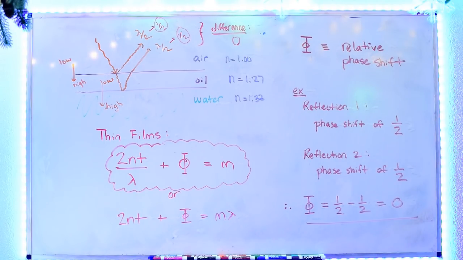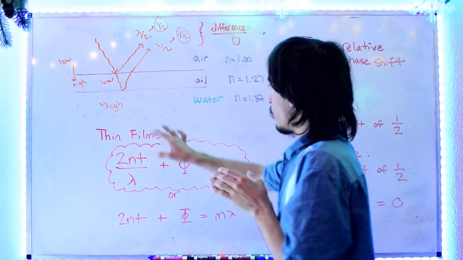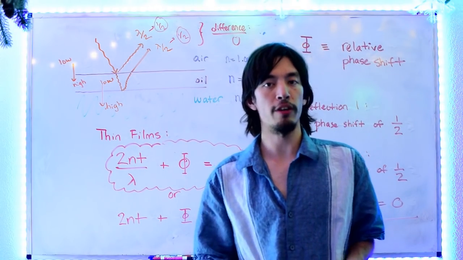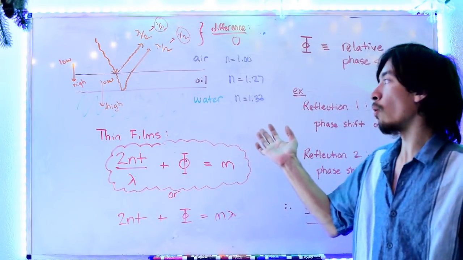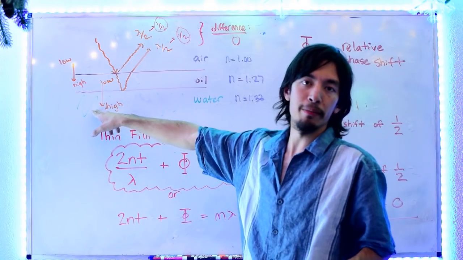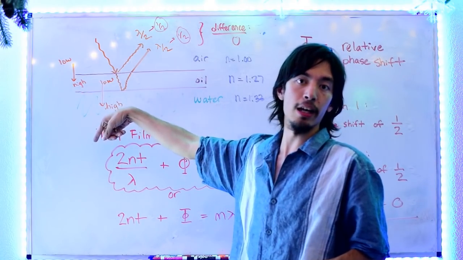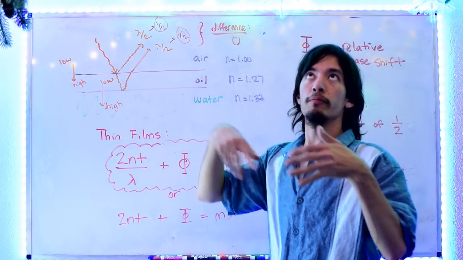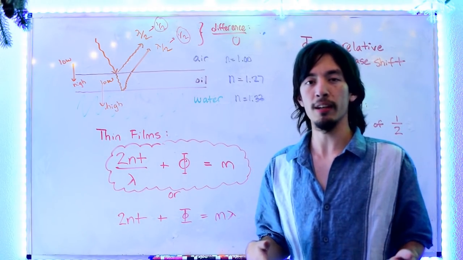You're saying if it was from high to low, would the phase shift be a half? So the relative phase shift would be 1/2. So if you had, let's say we use oil being index of refraction of 1.6, which is higher than water. So let's say hypothetically, instead of going from low to high in the bottom part of this, you go from high to low. In that case, you would get, so pay attention to the wording of what I'm saying.